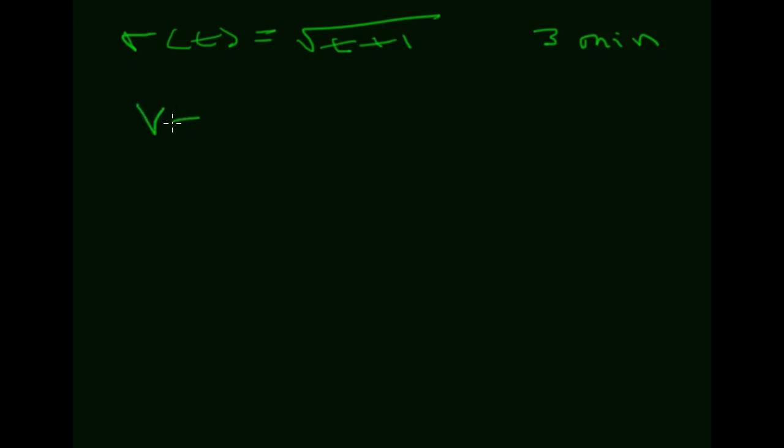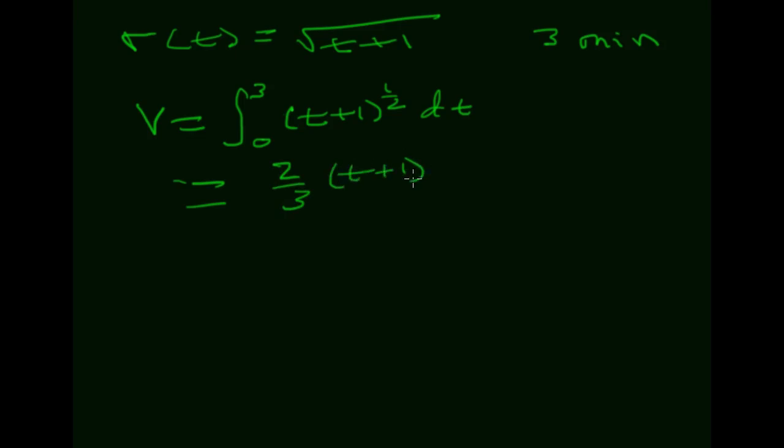So the volume of the water that would leak out in 3 minutes would be the integral from 0 to 3 of (t plus 1) to the 1/2 dt. Now, I don't have to deal with the chain rule because the derivative of the inside here is 1. So this is 2/3 (t plus 1) to the 3/2.